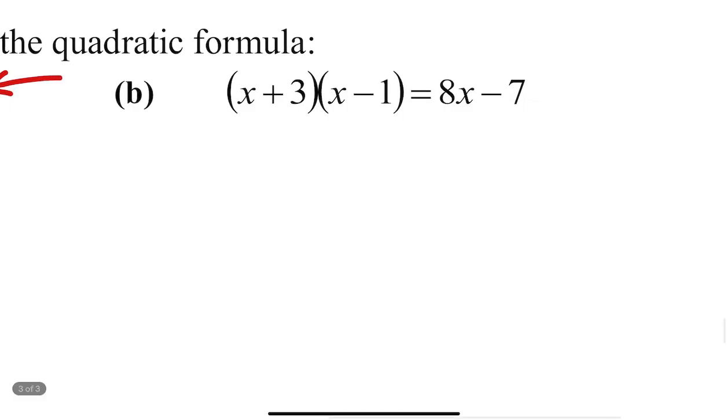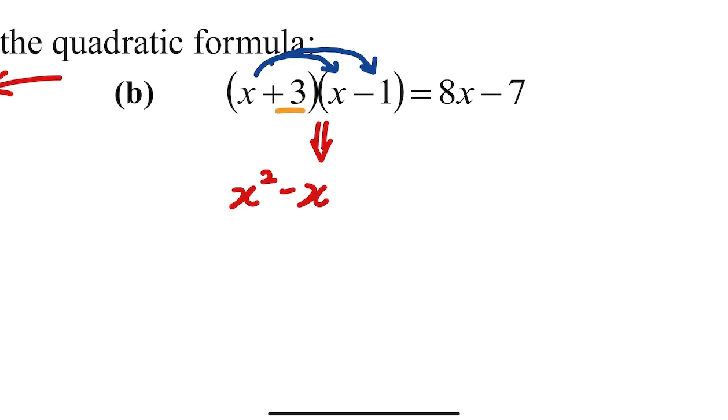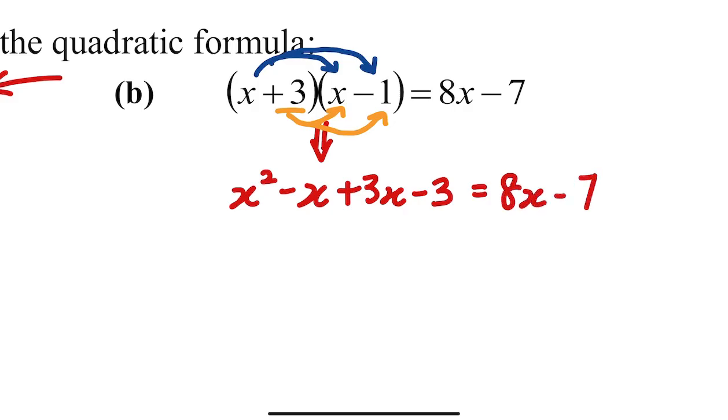Over here, by expansion first, we know that x times x plus x times negative 1. So over here is x squared, then minus x. Then over here, 3 times x plus 3 times negative 1, I'll get plus 3x minus 3 equals to 8x minus 7.